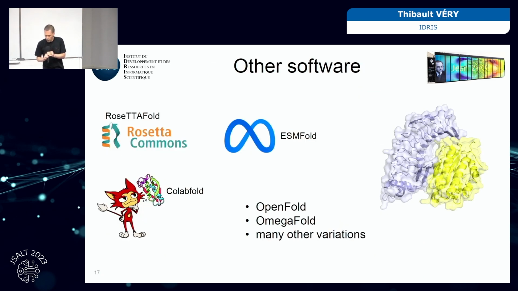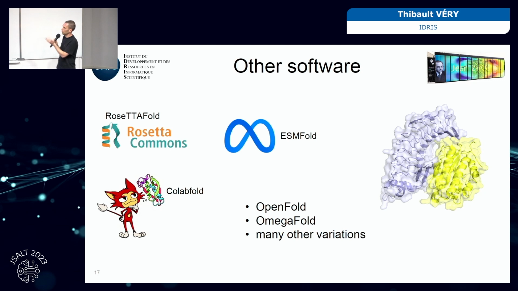Okay. So AlphaFold is not the only one on the market. You have RoseTTAFold. From Meta, you have ESMFold. ColabFold, which is kind of a wrapper around several methods like AlphaFold or Rosetta, but they provide a much better way to compute the multiple sequence alignment.